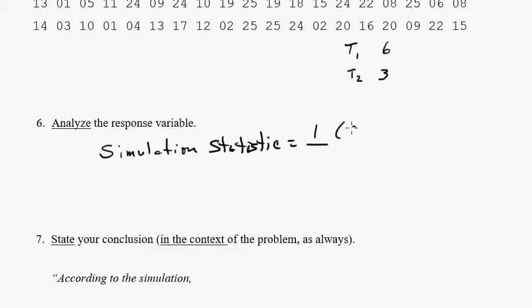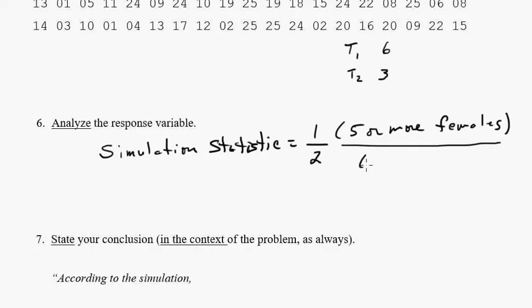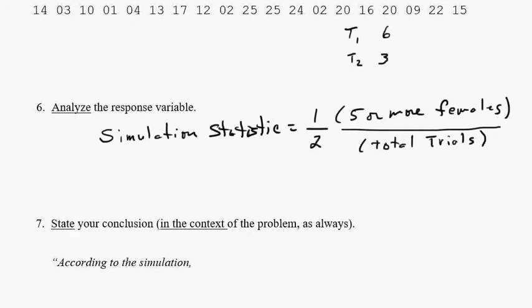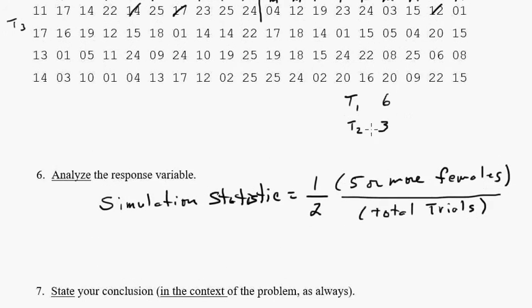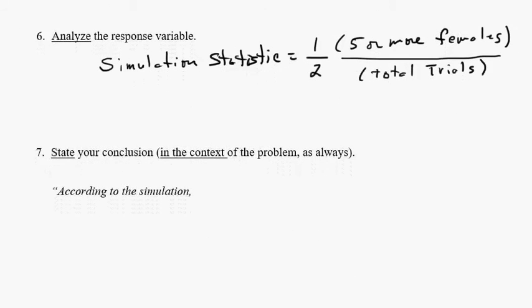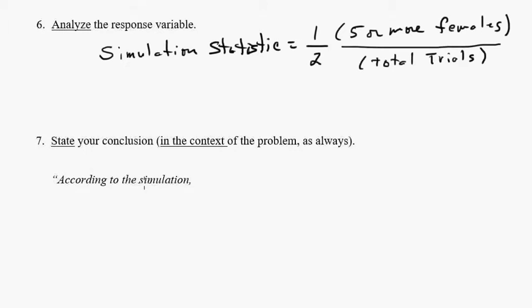So 5 or more females over, in this case, 2, and that would be like the total trials. Some documentation of how you computed what you have, especially if, I don't know, it just helps the reader track what's going on. Okay, so now we're ready to write our conclusion.